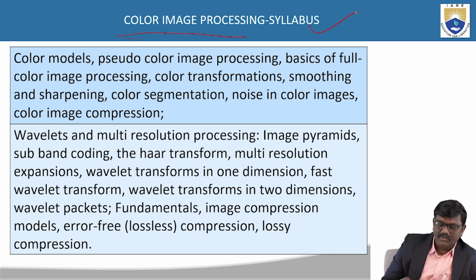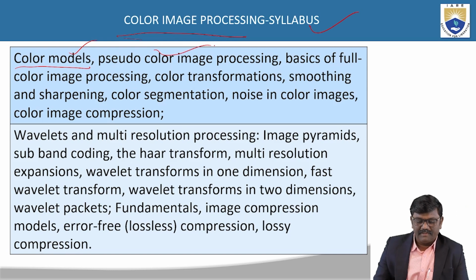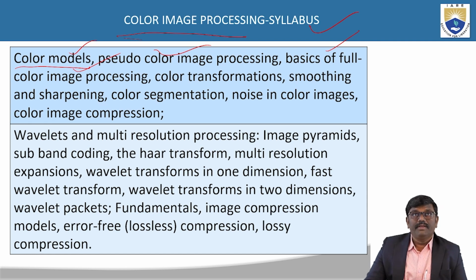In the color image processing syllabus, we are going to concentrate on color models, pseudo color image processing, basics of full color image processing, color transformations, smoothing and sharpening, color segmentation, noise in color images, and color image compression, which we will further connect to color image processing with the help of wavelets, multi-resolution processing, image pyramids, subband coding, Haar transformation, multi-resolution expansions, wavelet transforms in one dimension, fast wavelet transformations in two dimensions, wavelet packets, fundamentals of image compression models, error-free or lossless compression, and lossy compression.